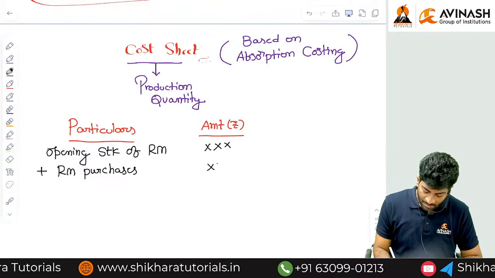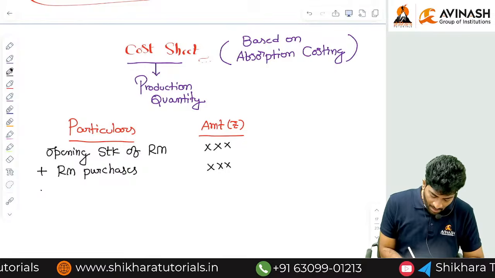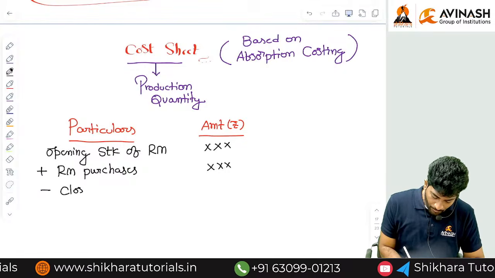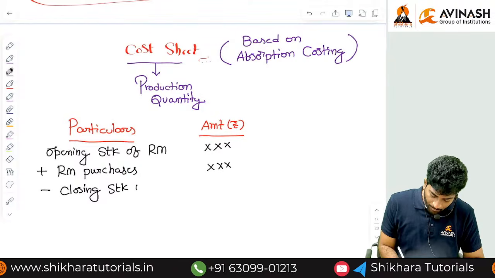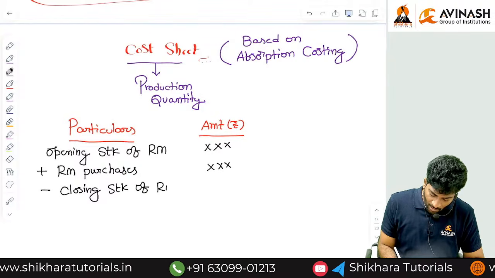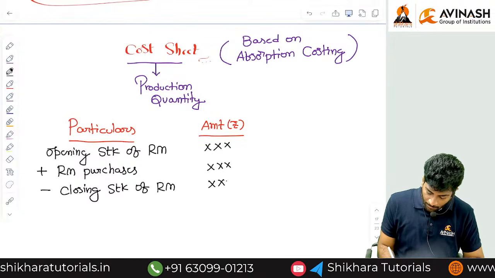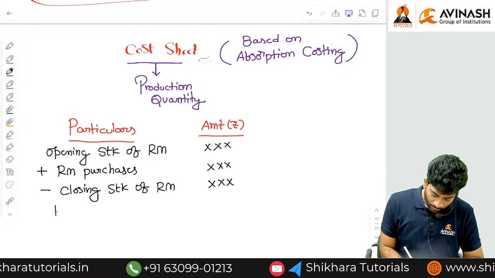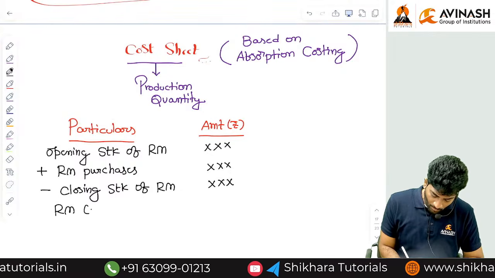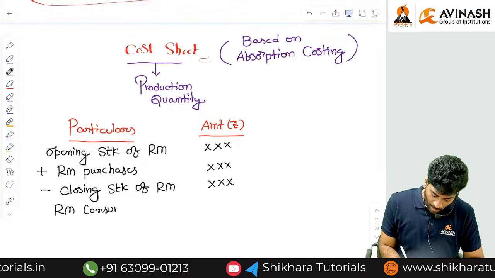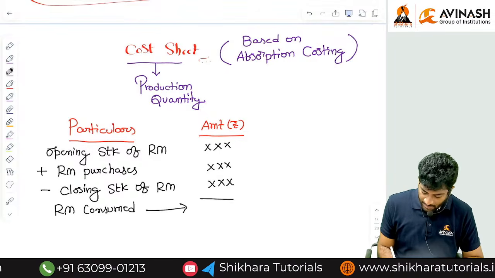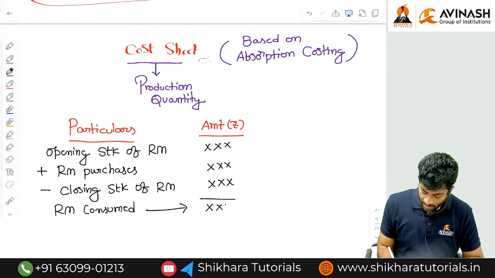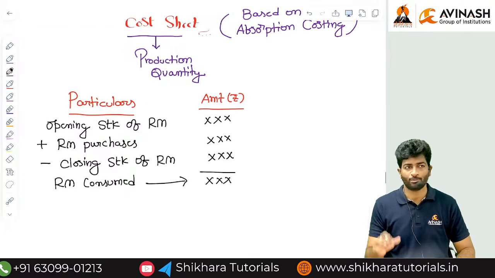Raw material purchases I am adding, minus closing stock of raw material. That will give you raw material consumed for production, or consumed for the year. So you will get raw material consumed. Any doubts?